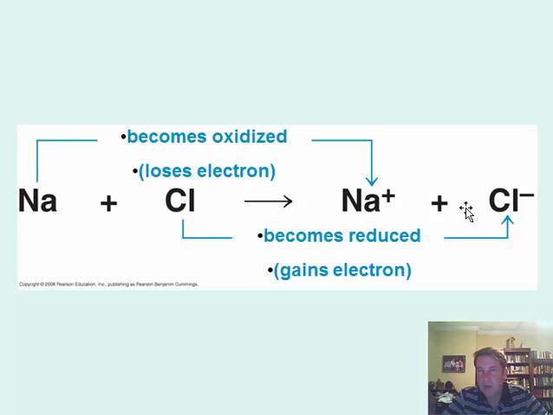Again, this is an ion. This forms an ionic bond. But redox reactions are those where you have electrons that are lost and electrons that are gained. And so that's an important part. Electrons play a very important role in cellular respiration.